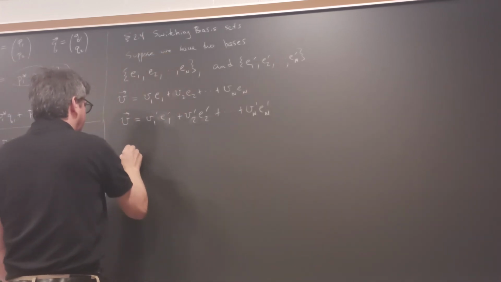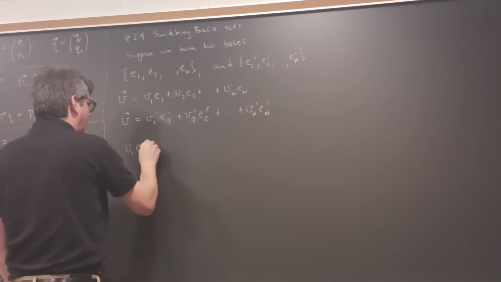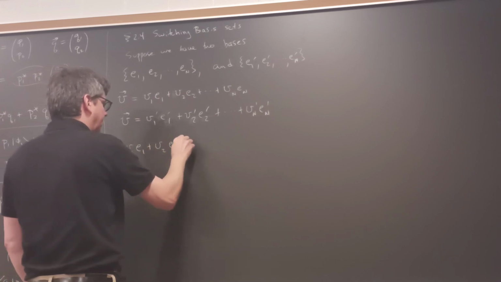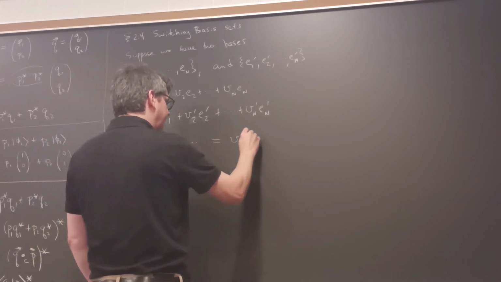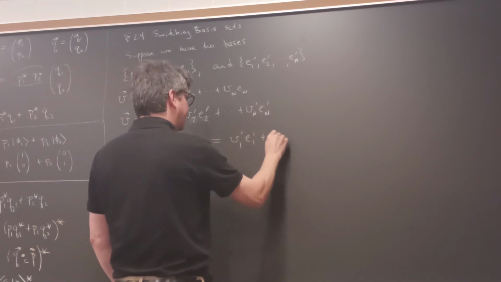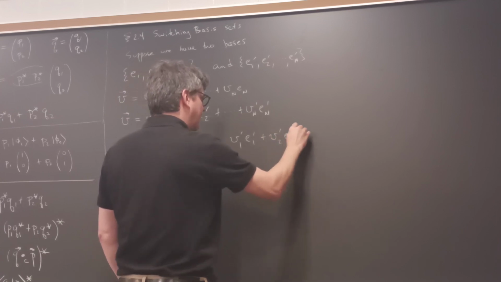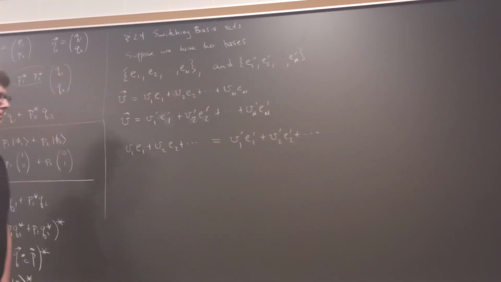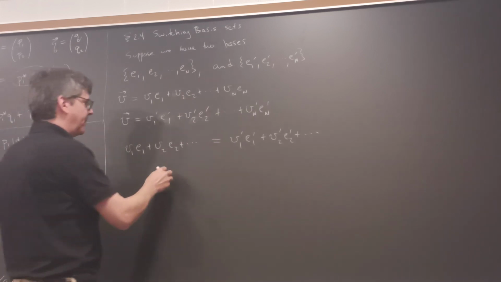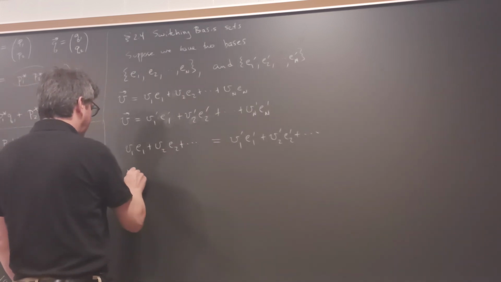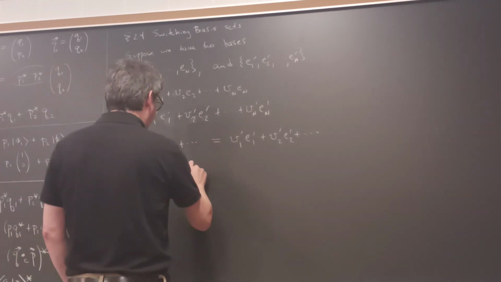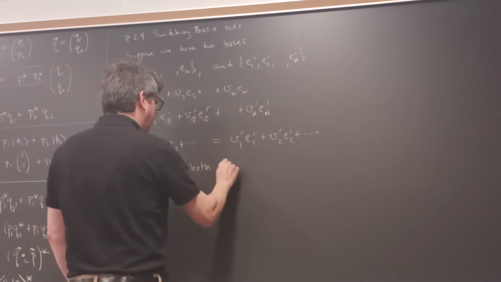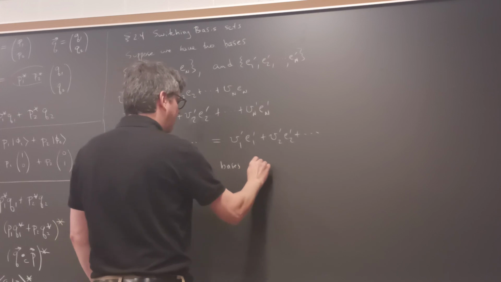So we can write V1 E1 plus V2 E2 plus ... is equal to V1 prime E1 prime plus V2 prime E2 prime plus ... And now let's assume that both bases are orthonormal.